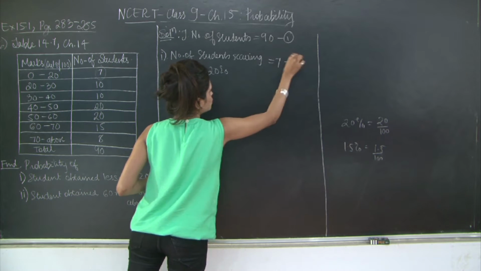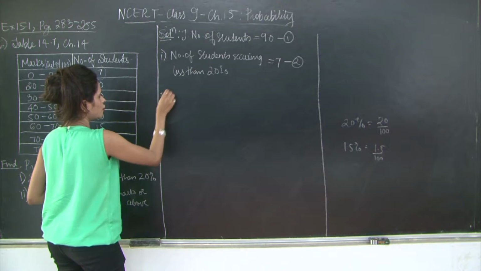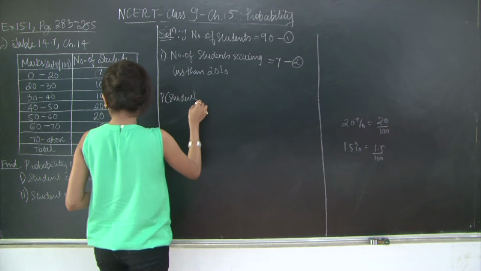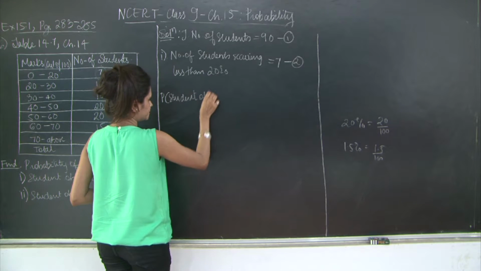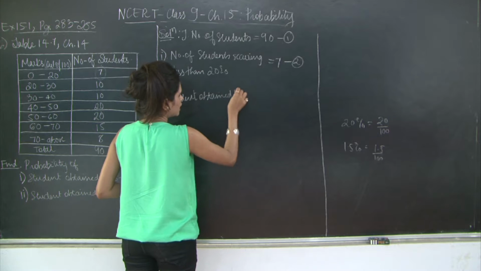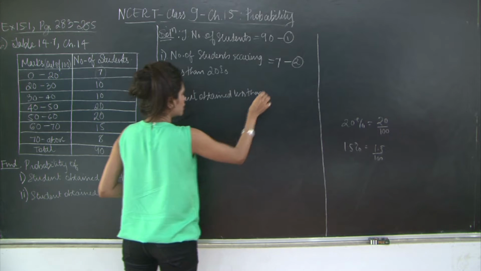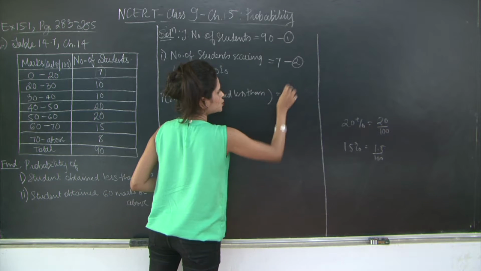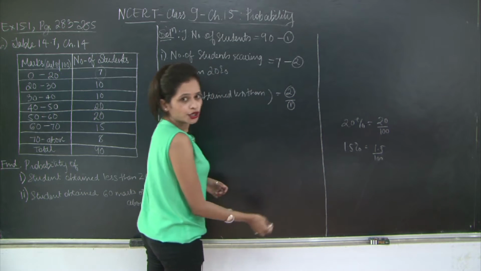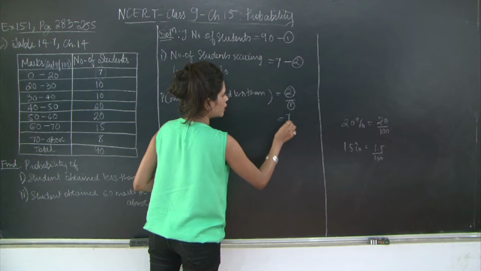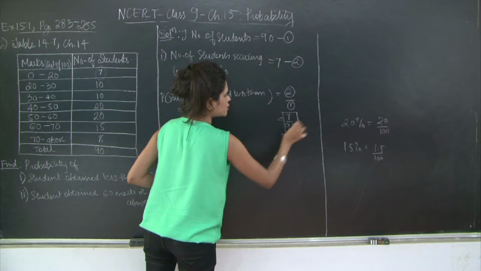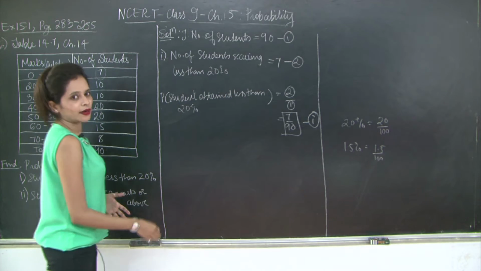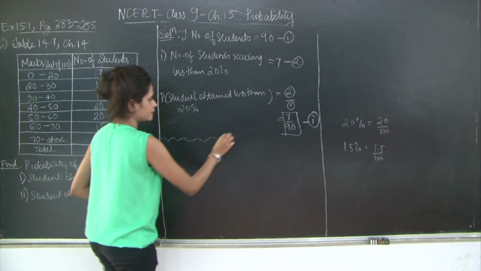Let's mark this as 2. So the probability of a student obtaining less than 20% is equal to equation 2 divided by equation 1, which is going to be 7 upon 90. This is your solution to the first sub question. So I'm just marking this with small Roman number 1 and putting it in a box.